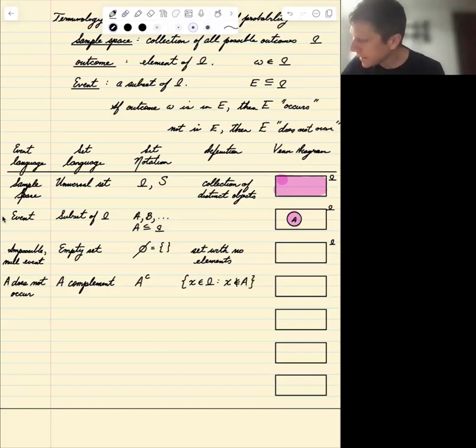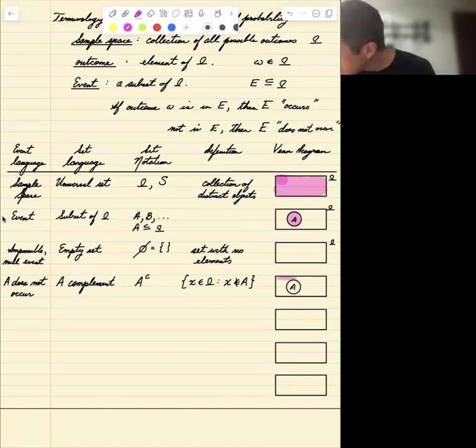So take this example up above. We have A here. What's A complement? A complement is everything in omega that's not in A. So it's everything else.